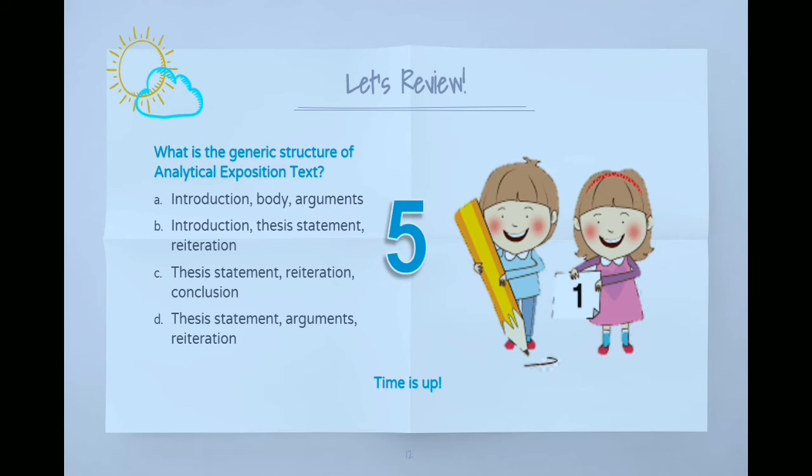Okay, do you have the answer? So the answer is yes, D. The generic structure of analytical exposition text is divided into three parts, which is thesis statement or introduction, arguments or body, and the last is reiteration or the conclusion of analytical exposition text.